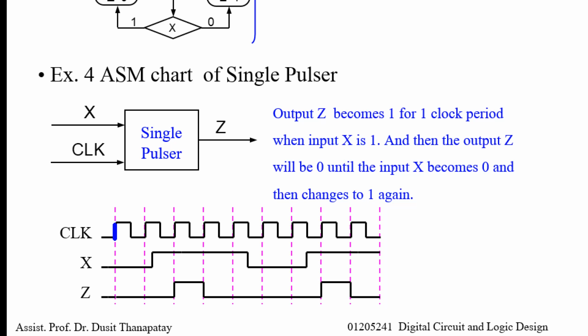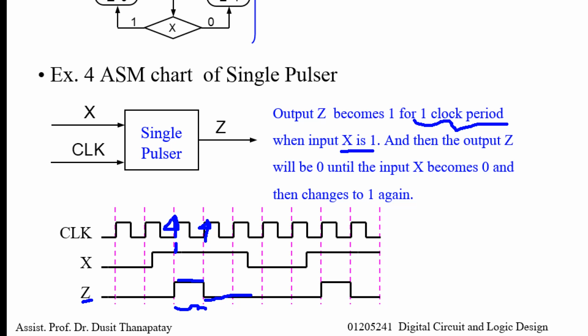Okay, let's see. We still have 1 input and 1 output. When clock ticks and input X is 0, nothing changes, output is still 0. But when clock ticks and it detects that X is 1, the output Z becomes 1 for 1 period of clock, until the clock tick is back to 0.